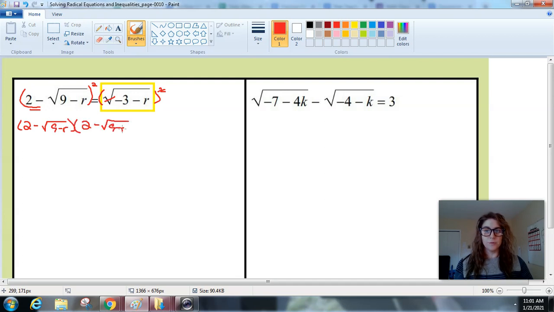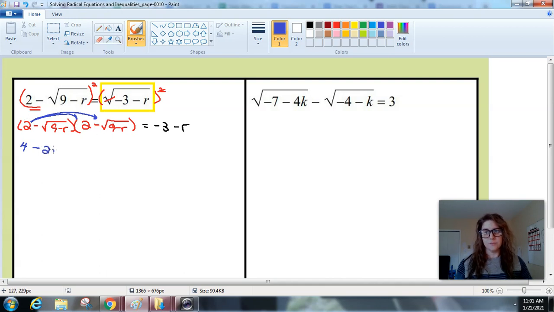And then I'm going to just FOIL the problem. And again, we know that the right side dropped out. So in the FOILing process, first, 2 times 2, that's 4. 2 times the radical. No matter what the radical is, you treat it like a variable. So I know it's going to be a negative because it's 2 times a negative radical.